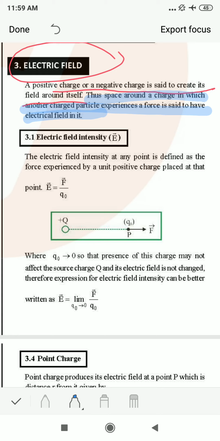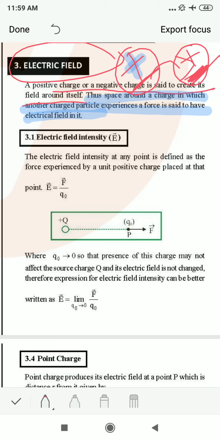For example, if I have a positive charge here and another positive charge here, this positive charge is repelled by this positive charge, and similarly this positive charge is repelled by this positive charge.